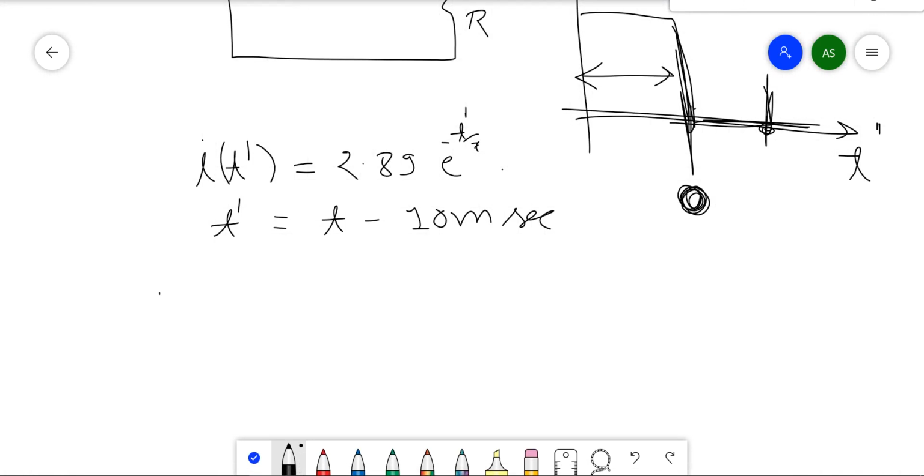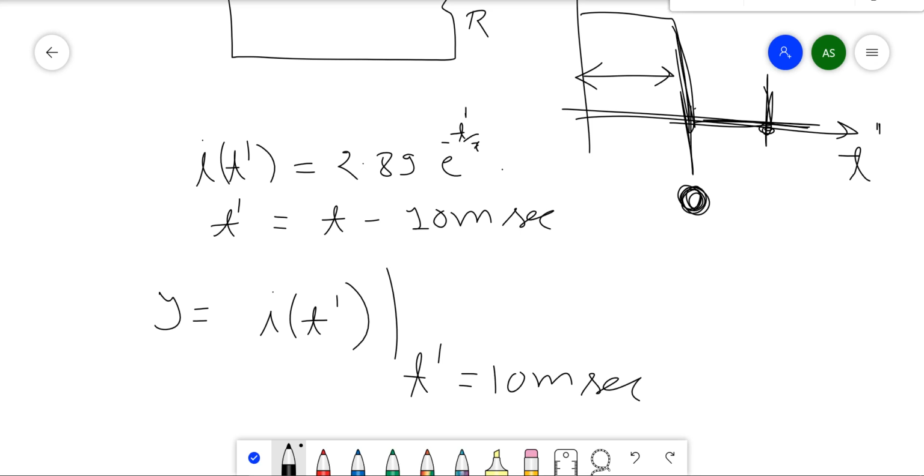So y equals I of t dash for t dash equal to 10 millisecond. So you just put the value 2.89 e to the power minus t dash equal to 10 millisecond divided by tau equal to 3 millisecond, that we have already calculated.